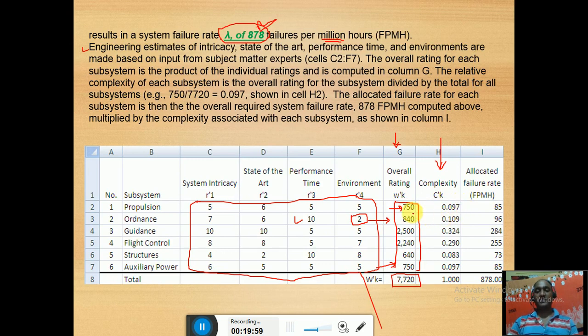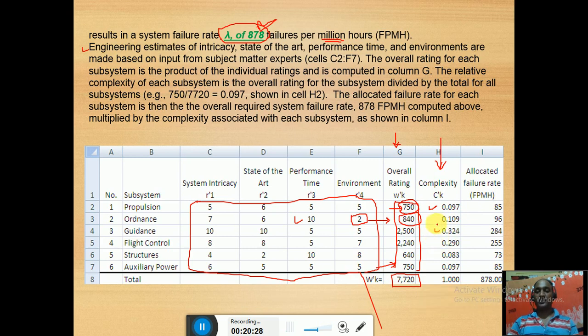We have 750 weightage out of 7720 for propulsion. Then 840 rating over 7720. So this value is obtained using 750 divided by 7720, then 840 divided by 7720 is 0.109, and 2500 divided by 7720 you will get 0.324 this way.